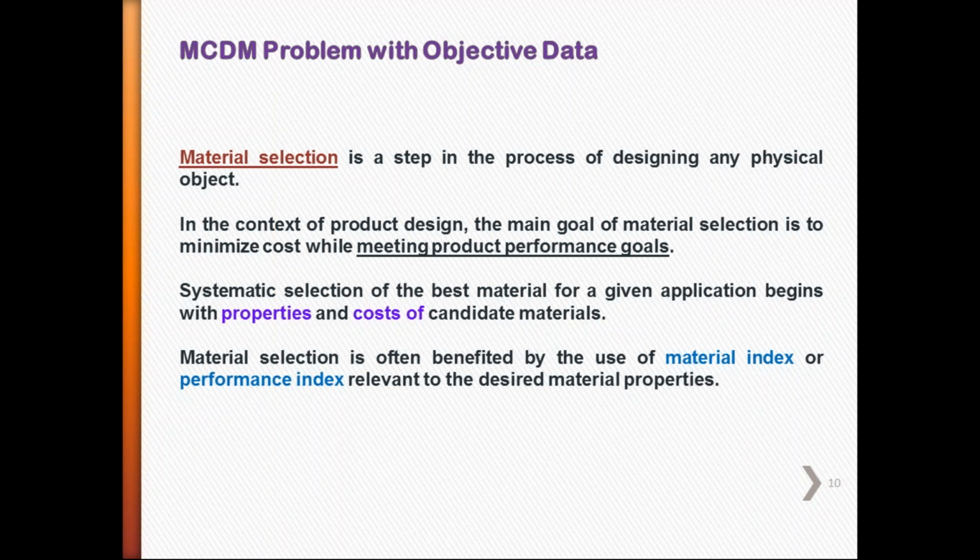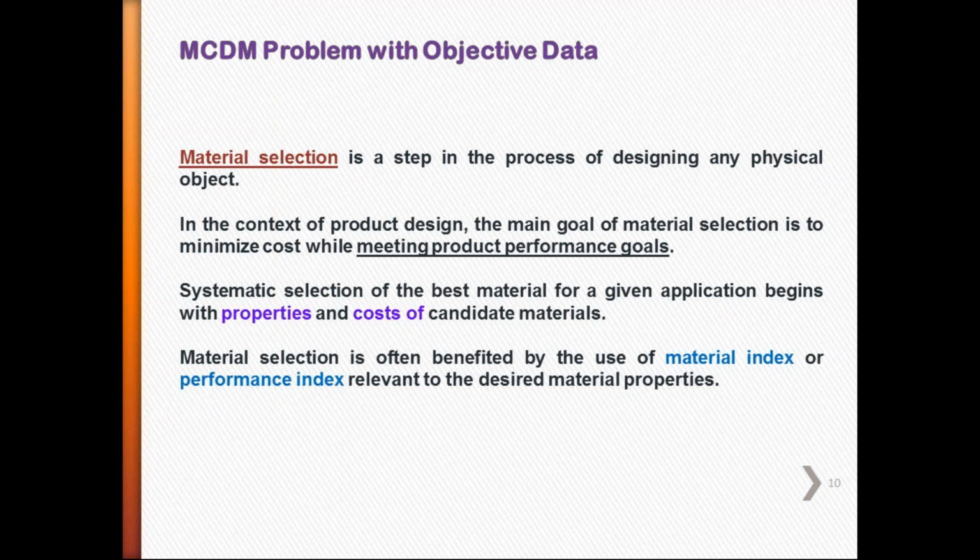In the context of product design, the main goal of material selection is to minimize cost while meeting product performance goals. Cost is one of the criteria or attribute to be considered. At the same time, product performance features need to be satisfied. So the problem is multi-criteria decision-making problem.